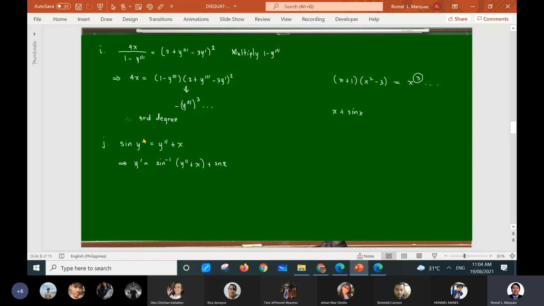But it is possible here that y prime has a value in the second or third quadrant. So you really have to add 2n pi to generate other possibilities. So this is just one case. Notice that after solving for y prime, it is still a transcendental function, an inverse of this, so it's not yet polynomial because it involves a derivative. Hence, we say that there is no degree.